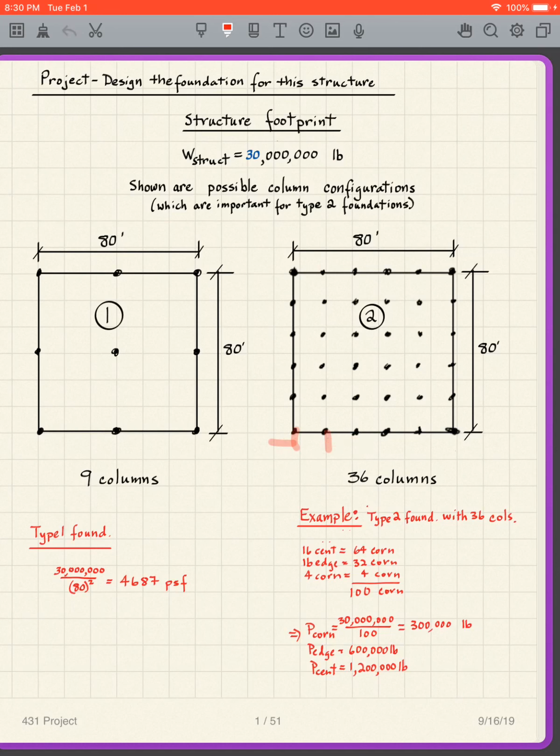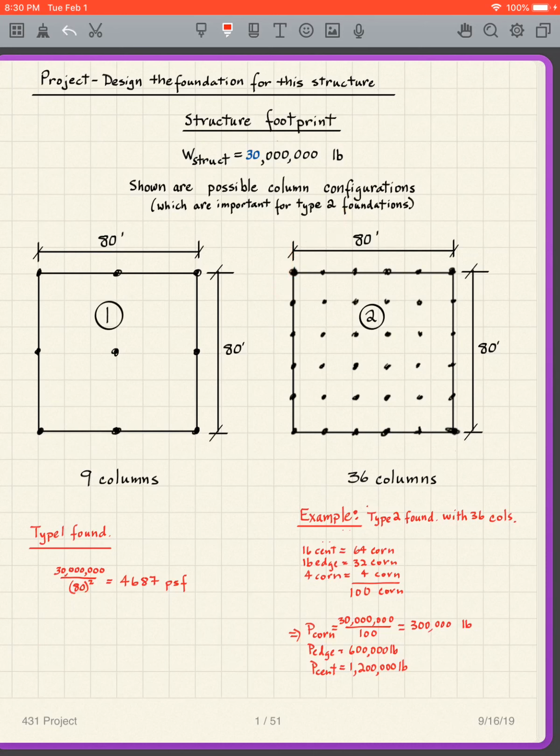And that means that when I figure out the tributary area of, for instance, a corner column here, that this is 8 feet and this is 8 feet. So the tributary area for a corner column is 8 feet by 8 feet, which is 64 square feet.